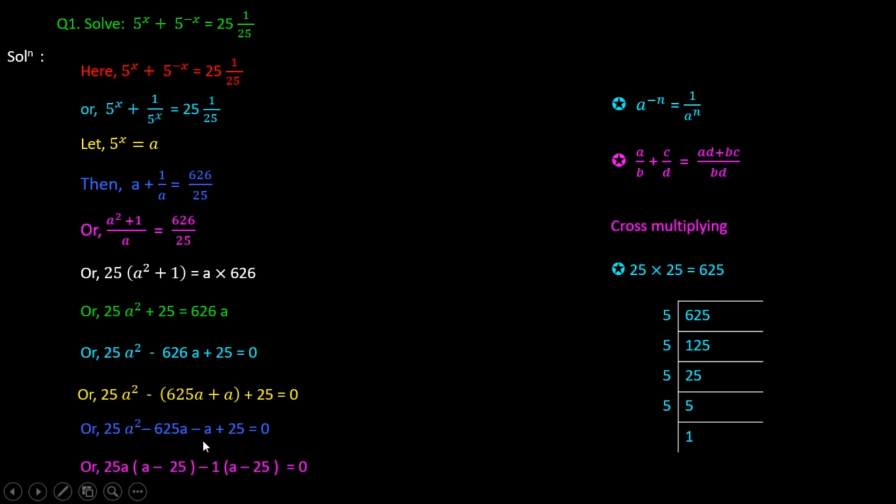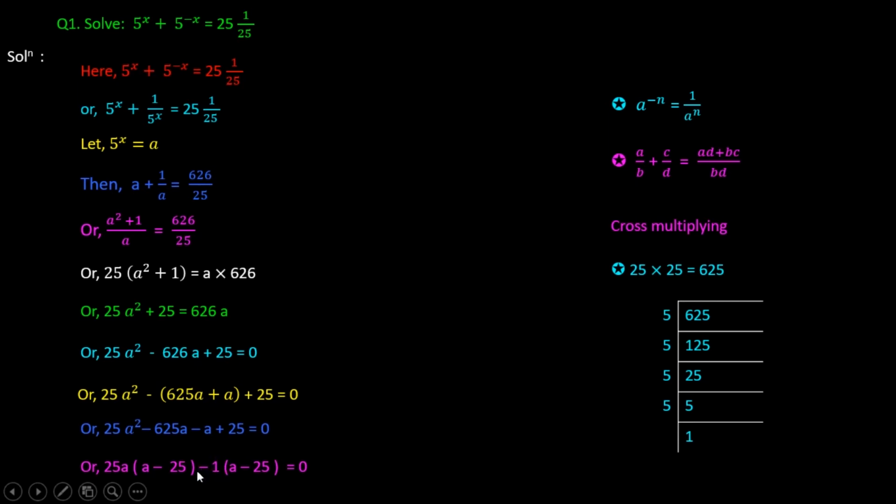For these two terms, I don't see anything common, so you have to write the sign here. If there is plus sign, you write plus, if there is minus sign, you write minus. If there is nothing common, you can write 1 as common. So minus 1 is taken as common.